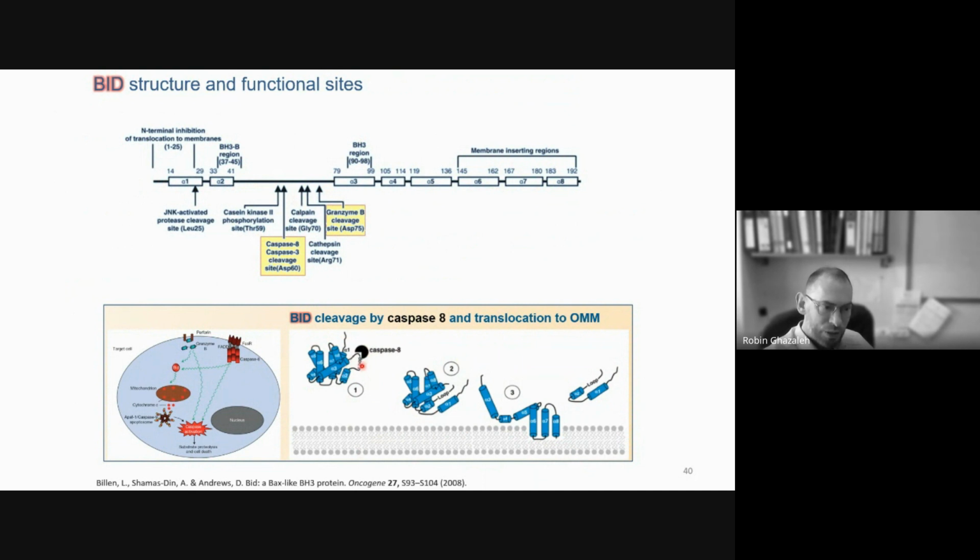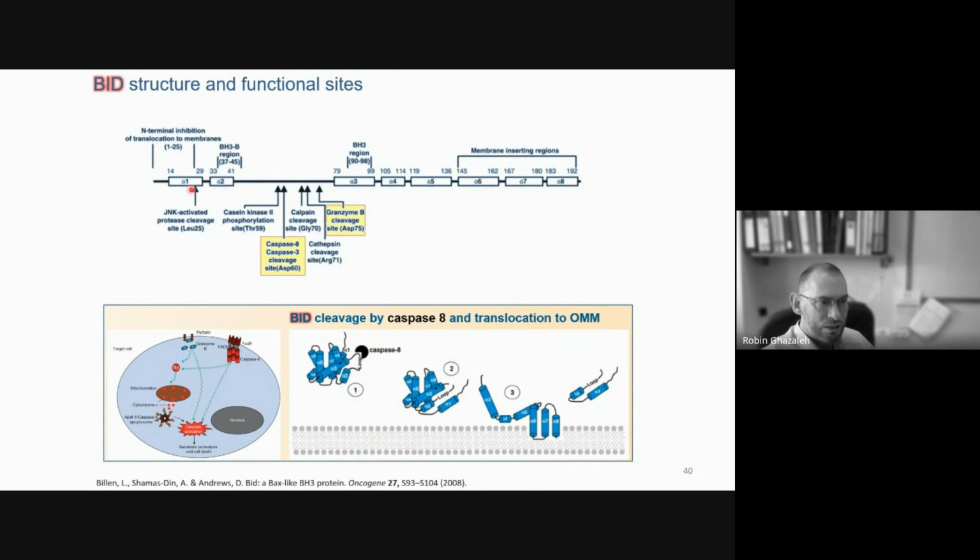Cleavage here at this big exposed loop in between the alpha helices changes the structure such that these alpha 6, alpha 7, alpha 8 helices, which normally are hidden inside the center of the protein, now become very exposed. It's much more energetically favorable for them to now interact with the lipid membrane of the mitochondria, and then the rest of the molecule is removed.